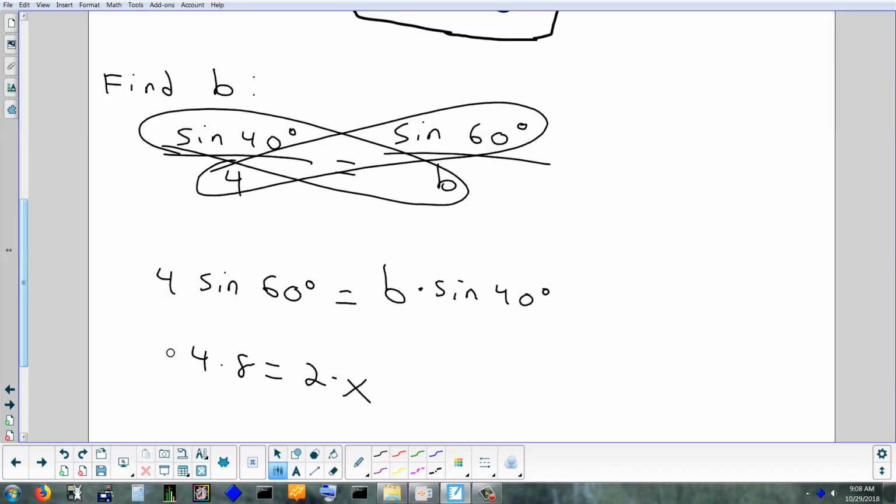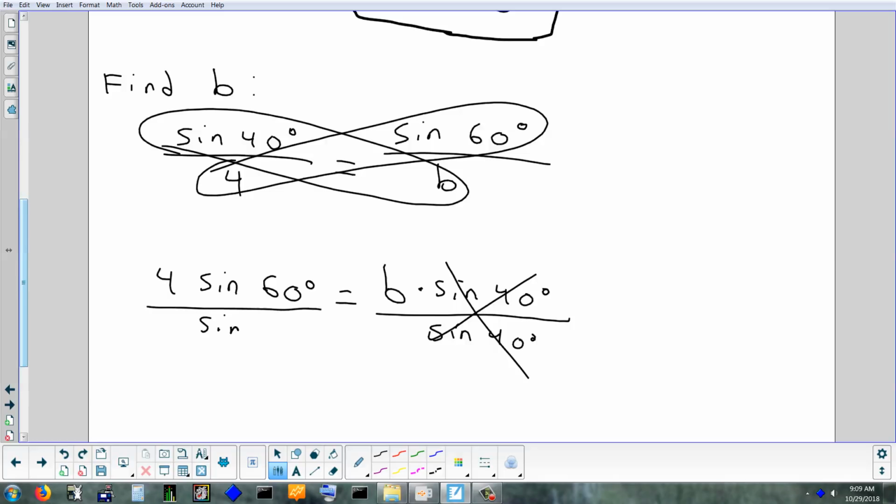So like Joe said, divide by sine 40 on both sides, and that's what we're going to type into the calculator. I'm never actually going to know what the sine of 60 is or what the sine of 40 is. I'm going to type it all in at once and just hit enter and get the final answer.